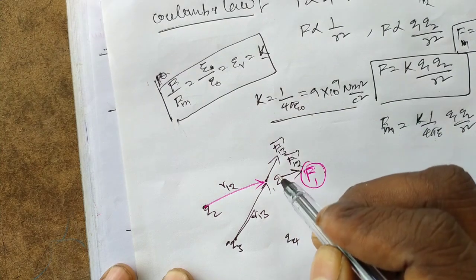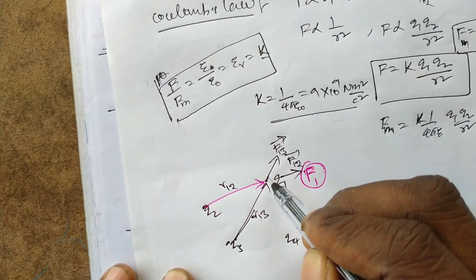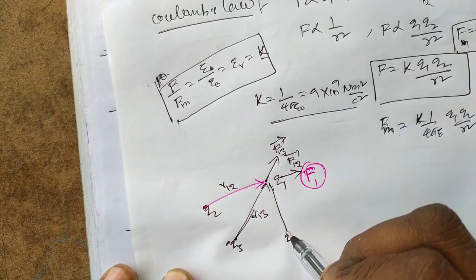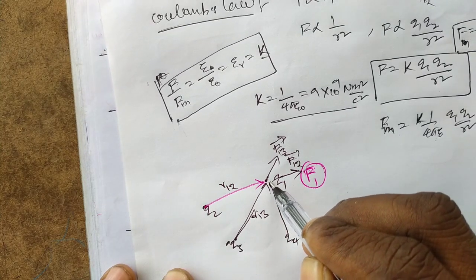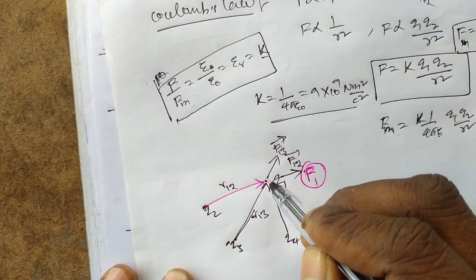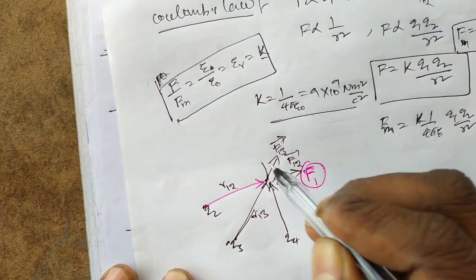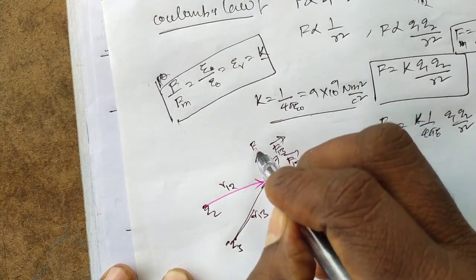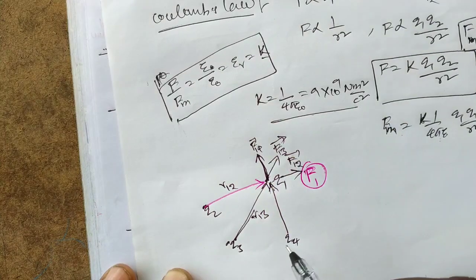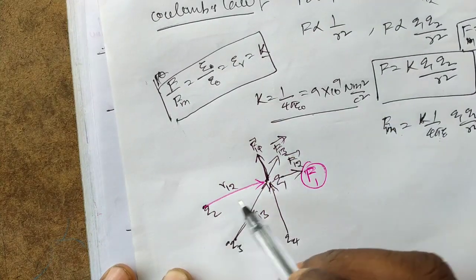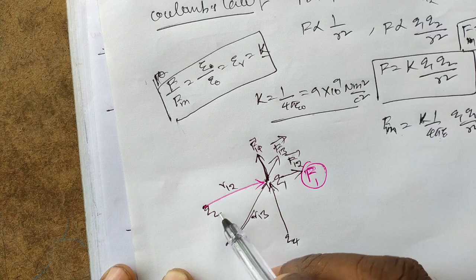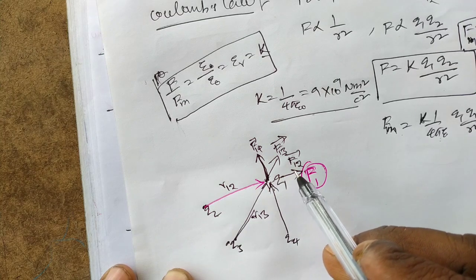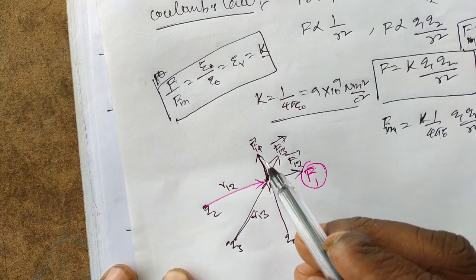Next, the force due to the fourth charge on the first charge is F14. So there is the first charge due to the second charge, the third charge, the fourth charge, that is F12, F13, F14.